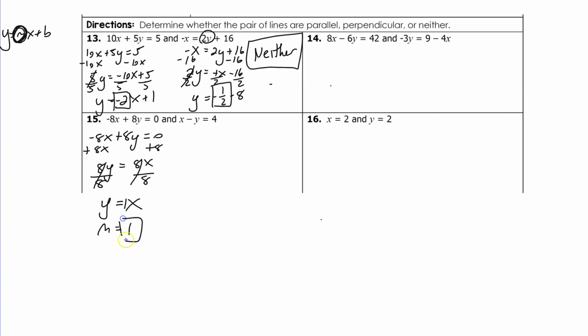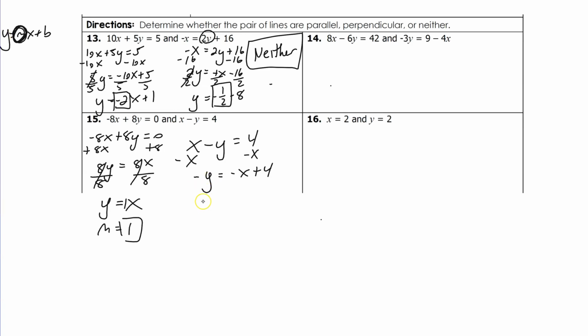That's what we're looking for. When we look at this one, we have x minus y equals 4. So we have to subtract x from both sides. Now there's an alternate way to do this, but we're just going to keep it simple right now. And now notice I have a negative y. Do I want a negative y? No, I want a positive y.